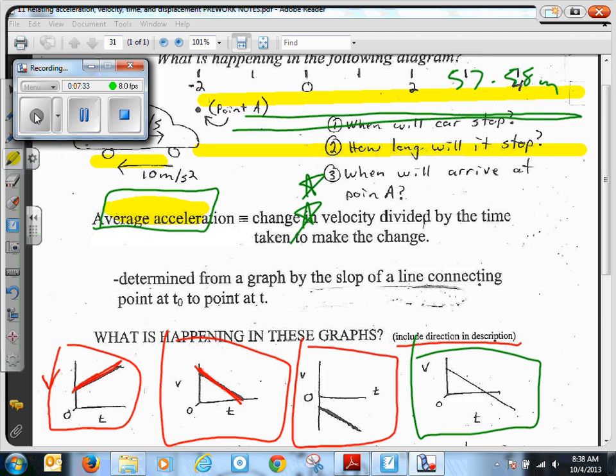Yes, you guys are really getting the hang of that. It started out as a positive velocity with a negative acceleration, comes to a stop, and then at that stop, it turns around and it starts increasing in speed in the opposite direction. That's very good. So with that, we can begin our lab.